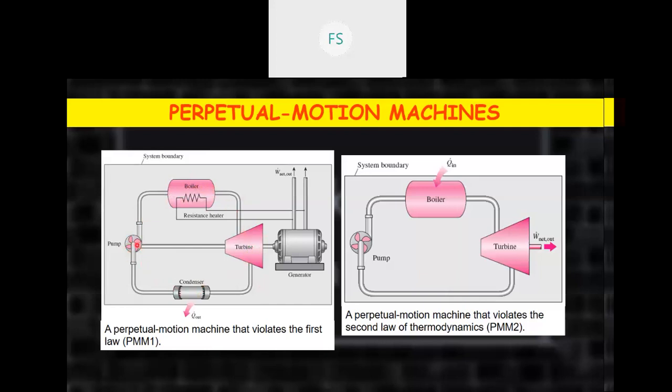We know the condenser is used to release heat to the environment. Therefore, they have Q out here. The turbine is used to produce work out. The pump is used to pump the working fluid to the boiler, and they need W in, right?